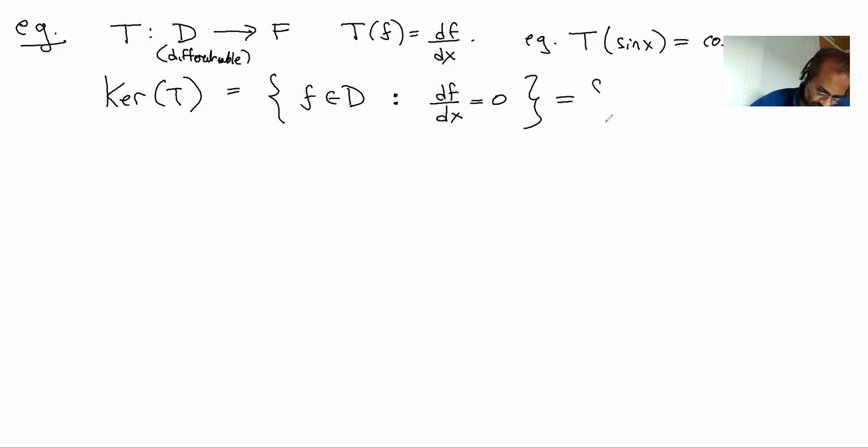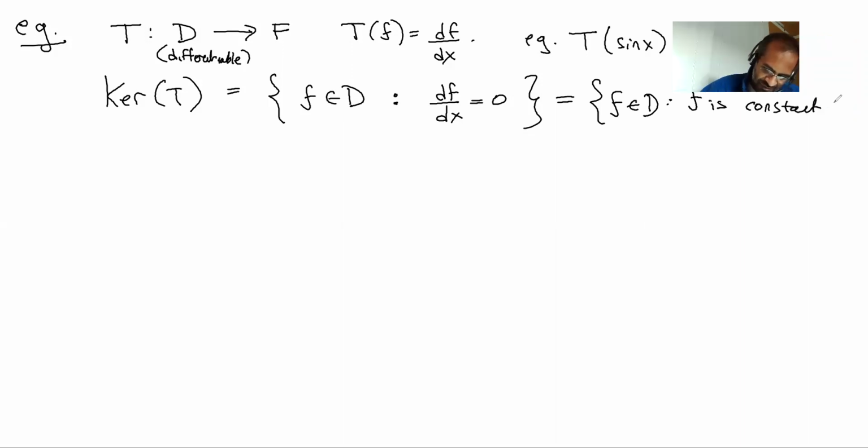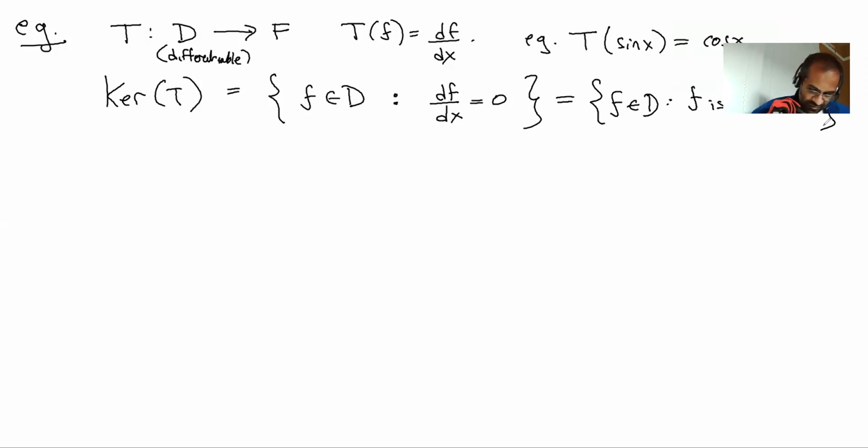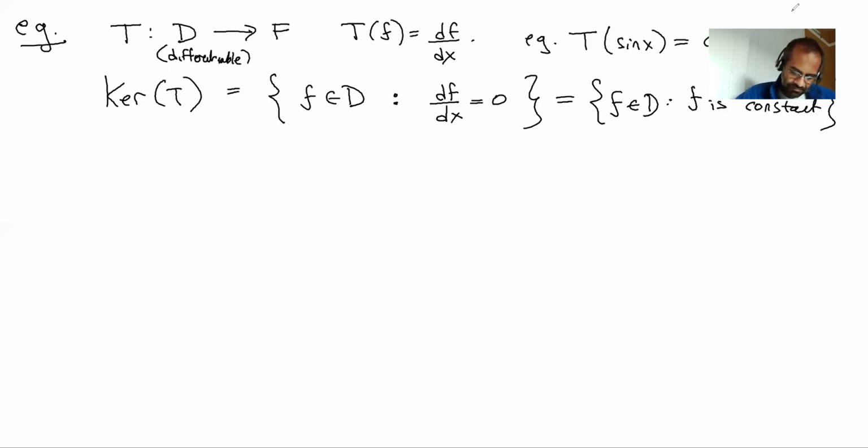It's the set of all functions f in D, differentiable functions, such that f is constant. Because if f prime is zero everywhere, then f has to be constant, right? That's the kernel. And that's a subspace. It's a legitimate subspace. By the way, can anybody tell me, okay, well, no, we'll get to that later.